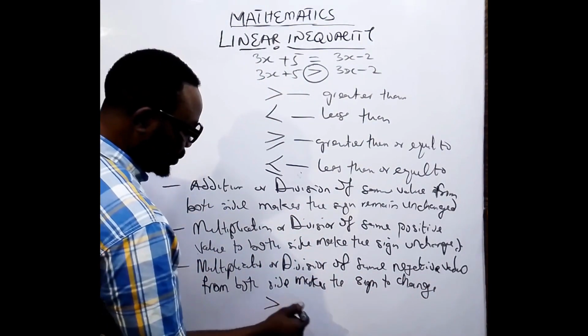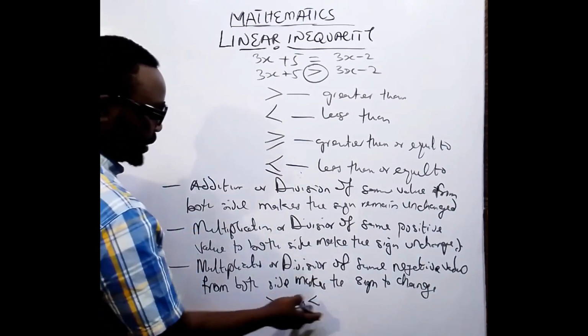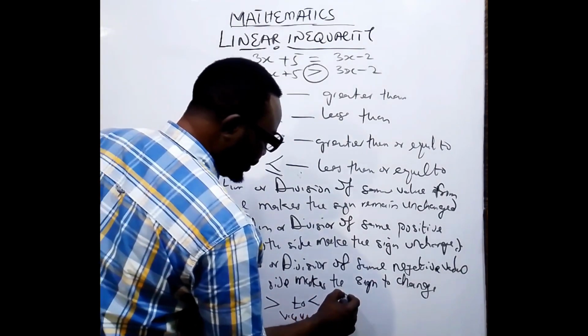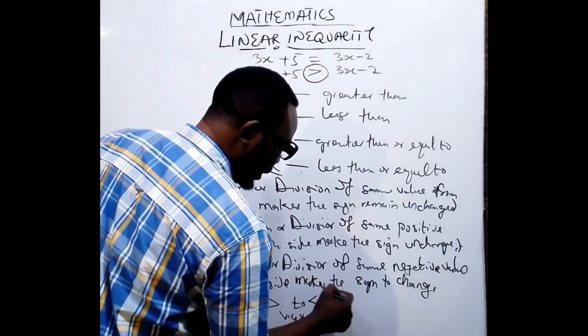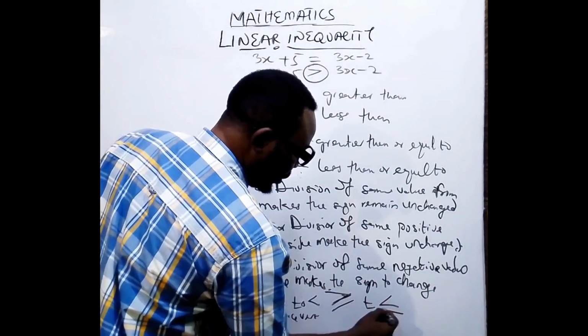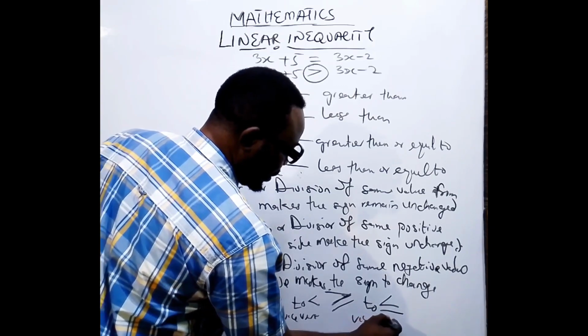The greater than we change to less than, vice versa. At the same time, the greater than or equal to we change to less than or equal to. That is vice versa as well.